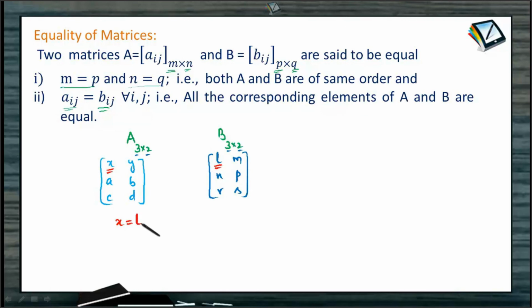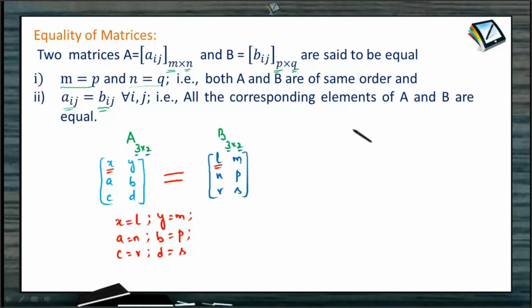That means X should be equal to L. Similarly, Y should be equal to M, A should be equal to N, B should be equal to P, C should be equal to R, as well as D should be equal to S. Then only these two matrices would become equal, right? So entries should be equal at the corresponding positions and the matrices' orders must be same. Then we say the two matrices are equal, right?